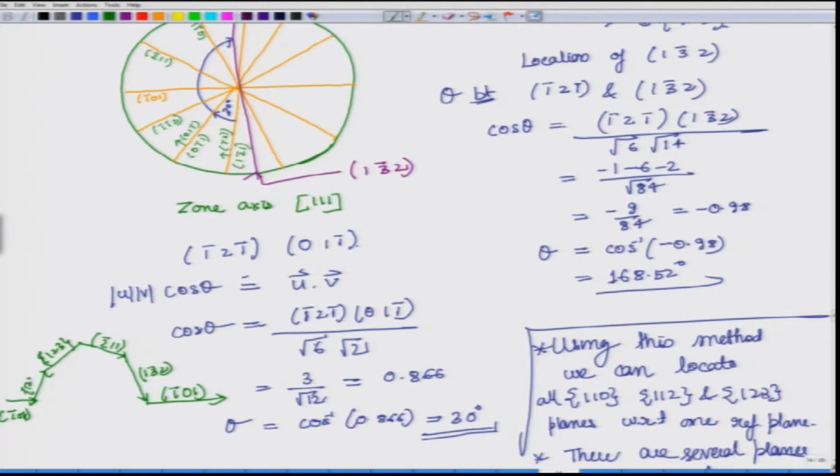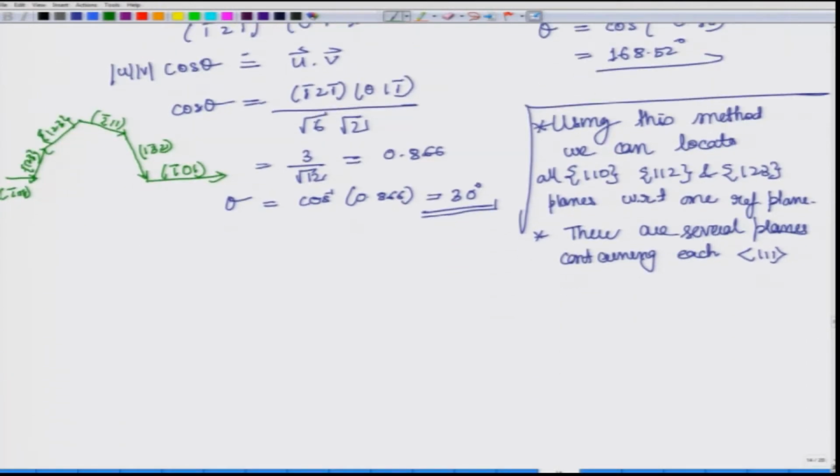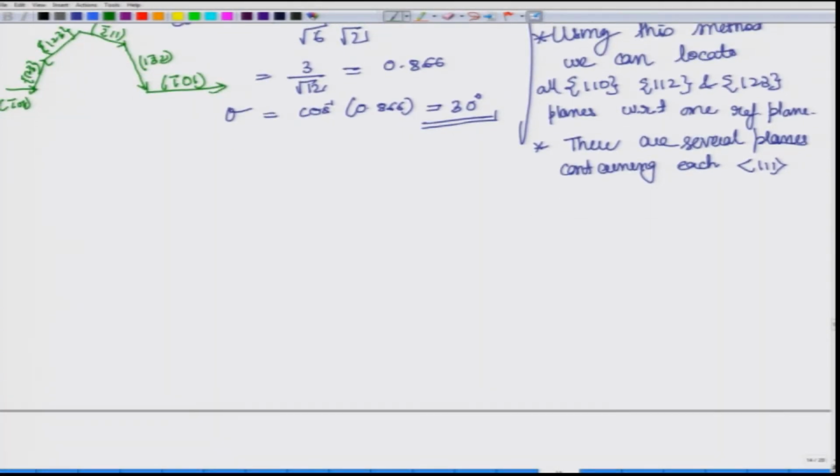Once you have located all the 1 2 3 planes onto this zone axis, you will be able to plot it at those angles, and then you will be able to point out which particular orientation it is. So, now we have what is called as pencil glide.